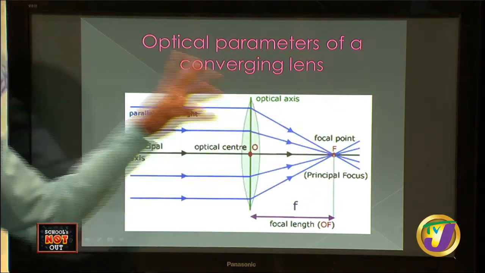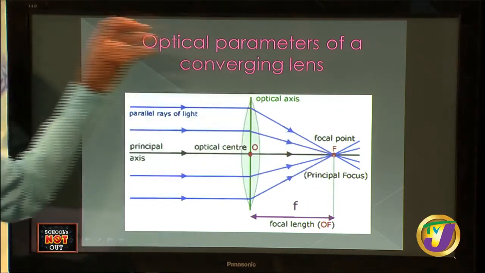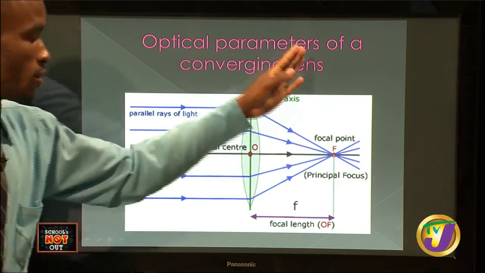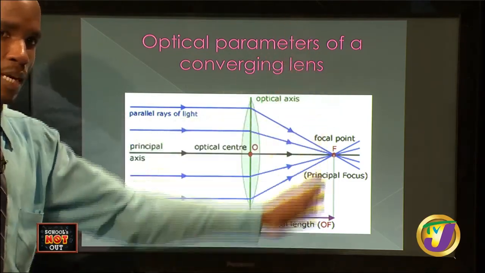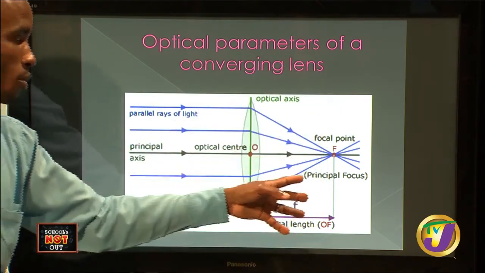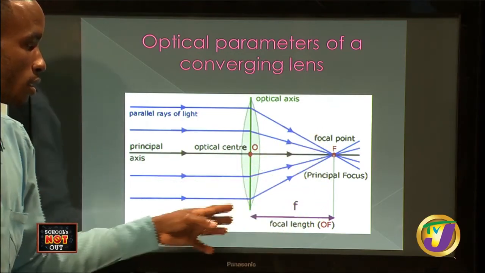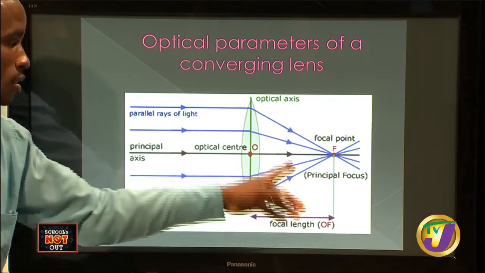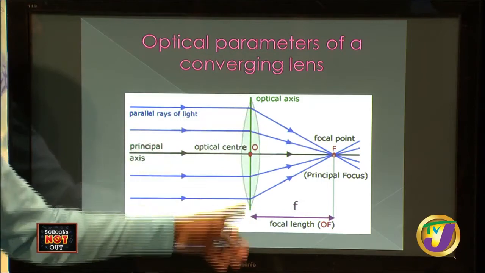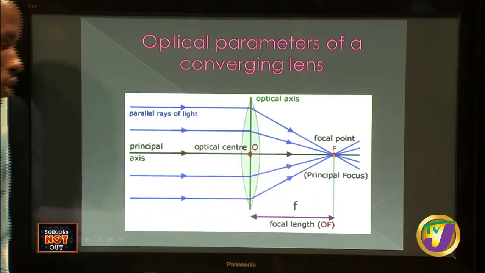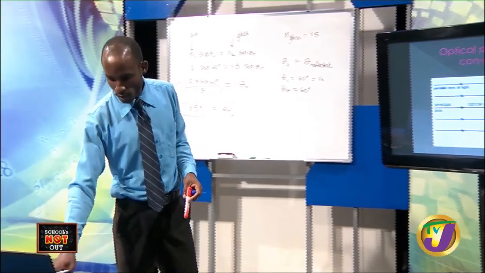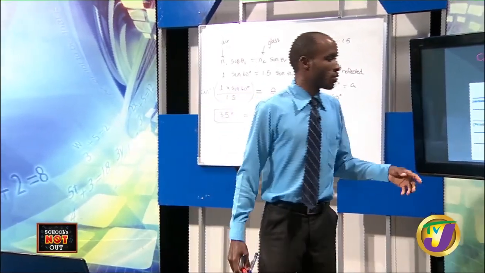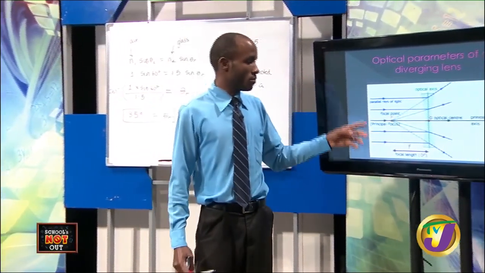Focal point, where the rays come to focus, whether diverging or converging. And the principal focus is that plane where the light rays are brought to focus, or the focal point. And then the focal length is the distance from the optical axis or center to the focal point or principal focus. Alright?